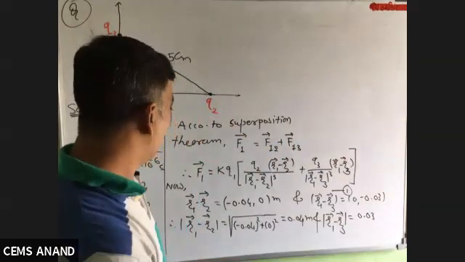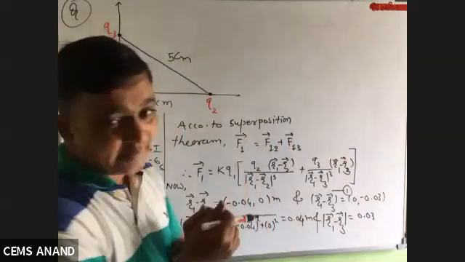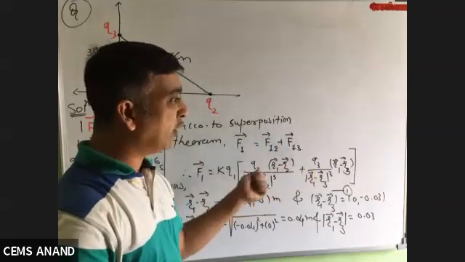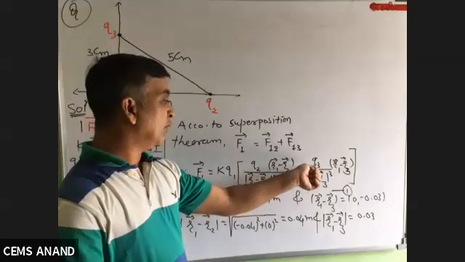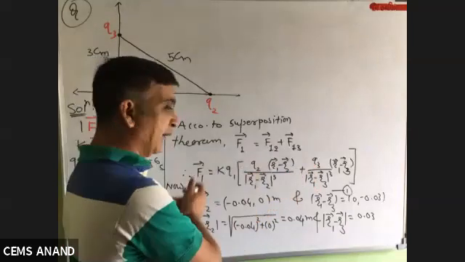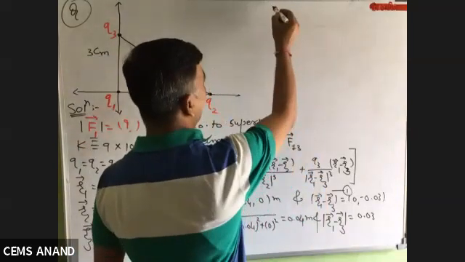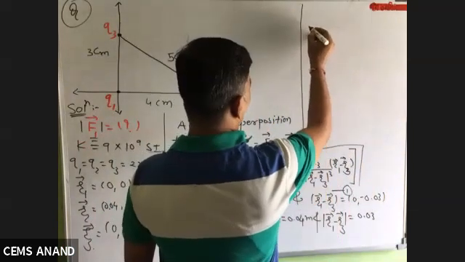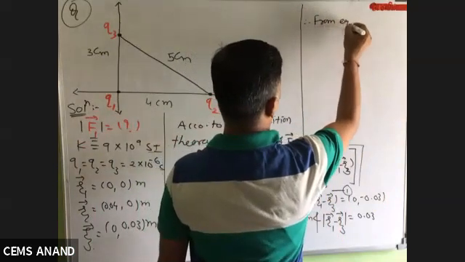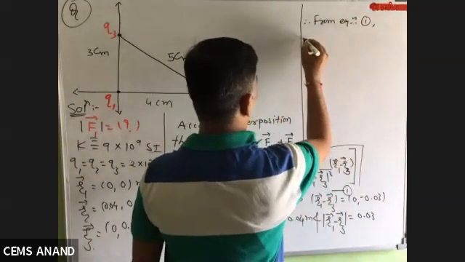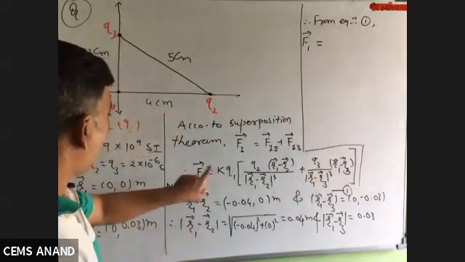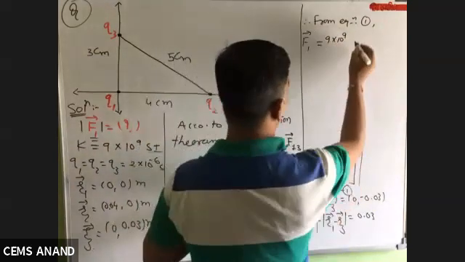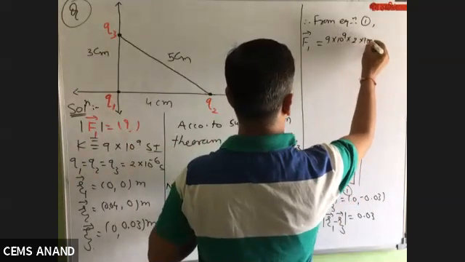All the values are ready now. Even for this specific case, as all the charges are of equal magnitude, we have one more benefit: we can bring Q2 and Q3 out as common, which will reduce our work to some extent. That's why from equation 1, F1 equals K, 9 into 10 raised to 9, Q1, 2 into 10 raised to minus 6.